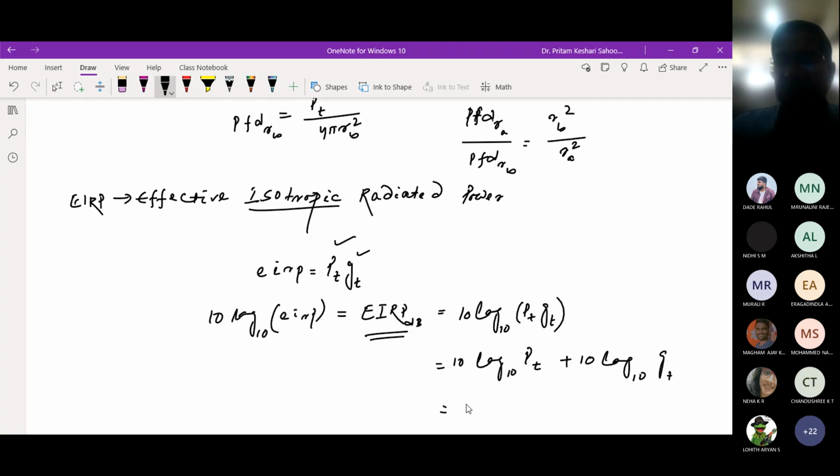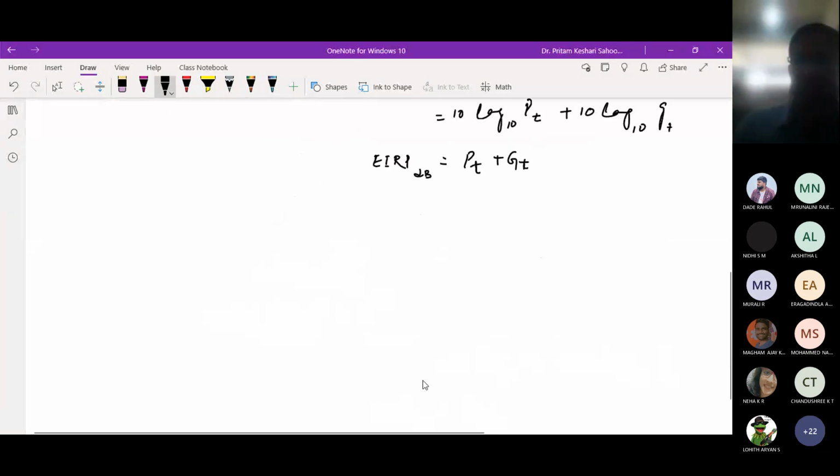That equals PT plus GT, the summation of the transmitted power and the transmitter antenna gain. This transmitted power is in dB, and the transmitter antenna gain is also calculated in dB, because I have taken the logarithm in both of the cases.